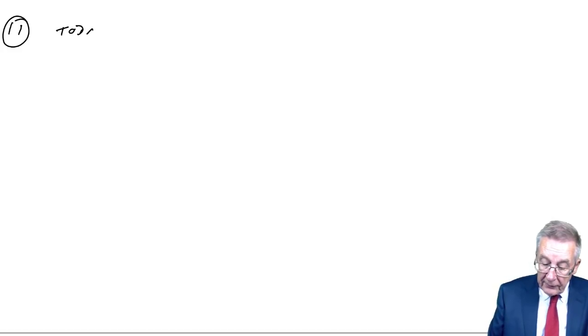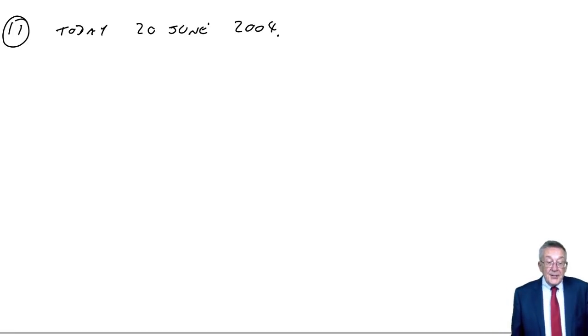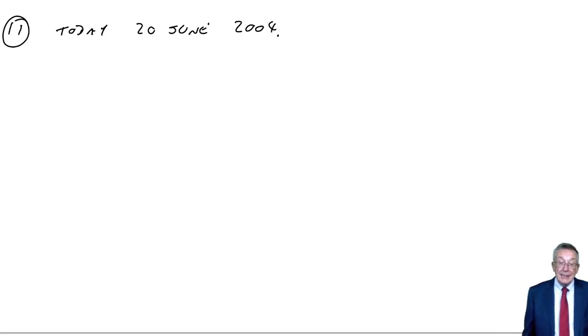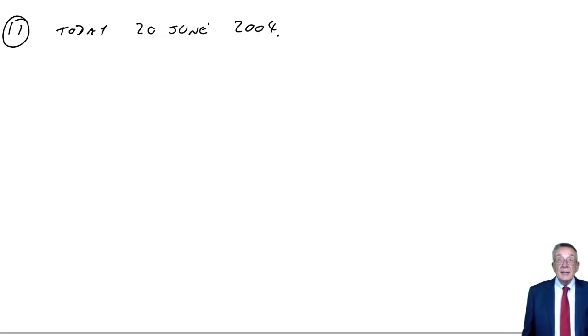Example 11. Today is the 20th of June 2004. S owes a supplier 500,000 payable on 12th of September. And again, we're in the UK, we work in pounds. We know today's spot rate, 4821, 4896, no direct relevance because we're not going to convert today. We know the futures prices today.